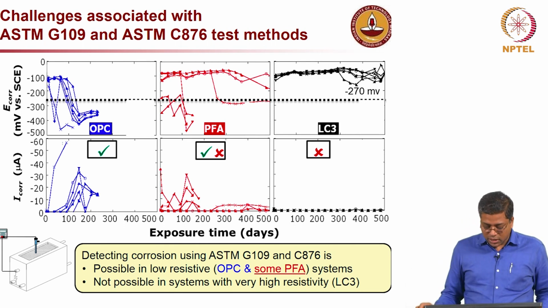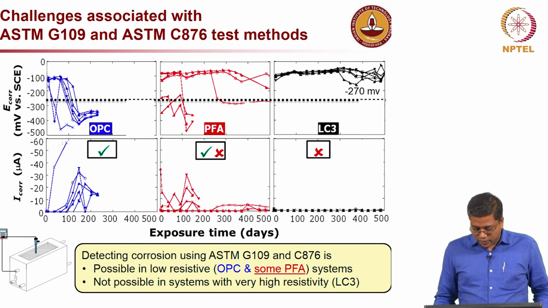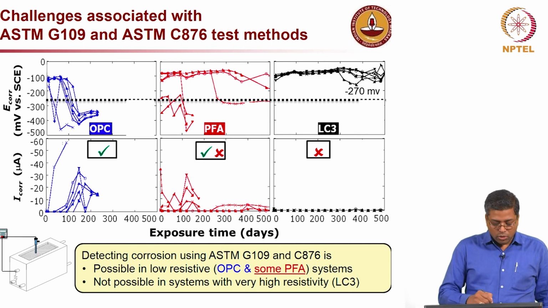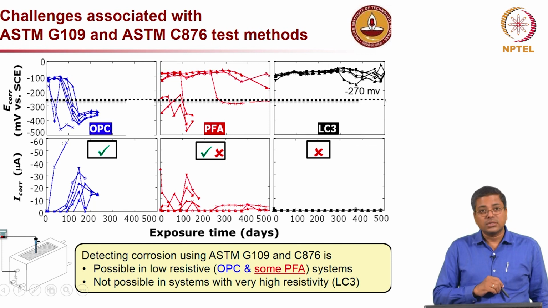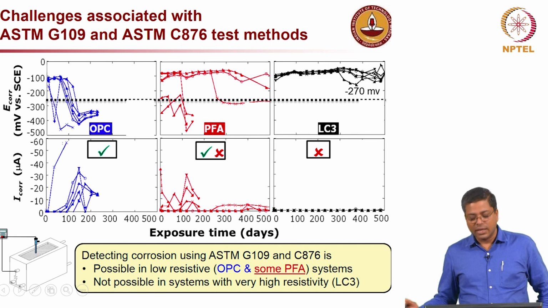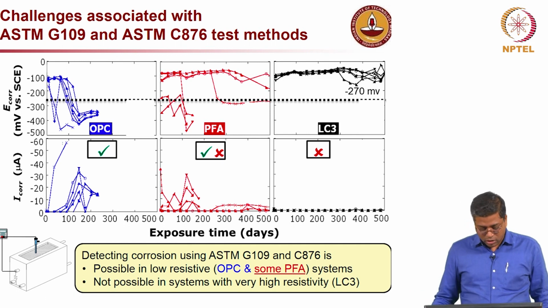It was very clear from more than a year of testing of different systems. On the first two graphs, the blue is OPC and the red is fly ash based system, and the black one is a very highly resistive LC3 concrete system.